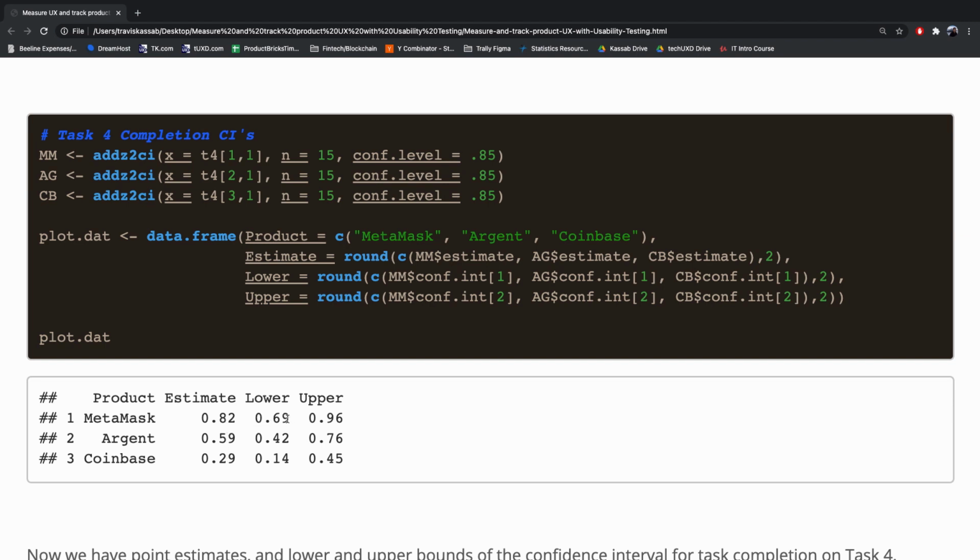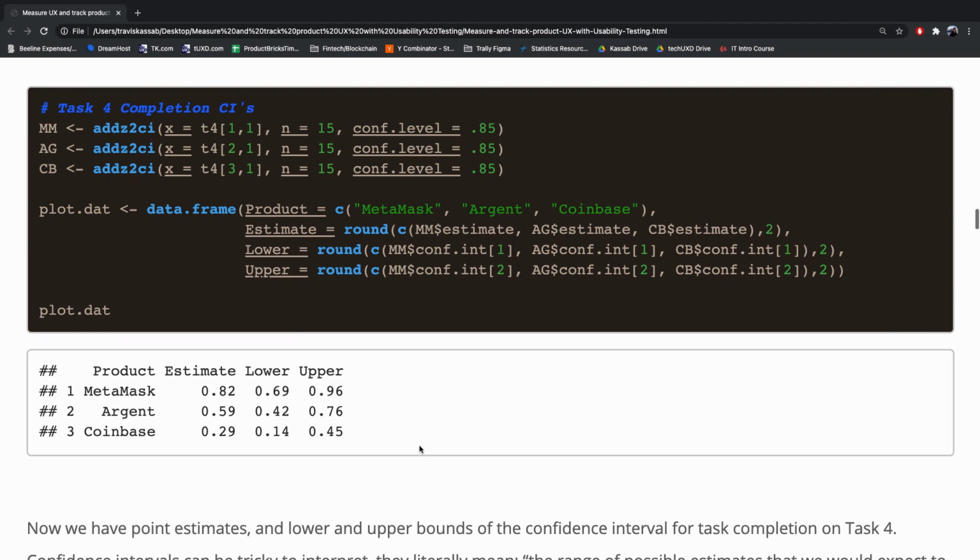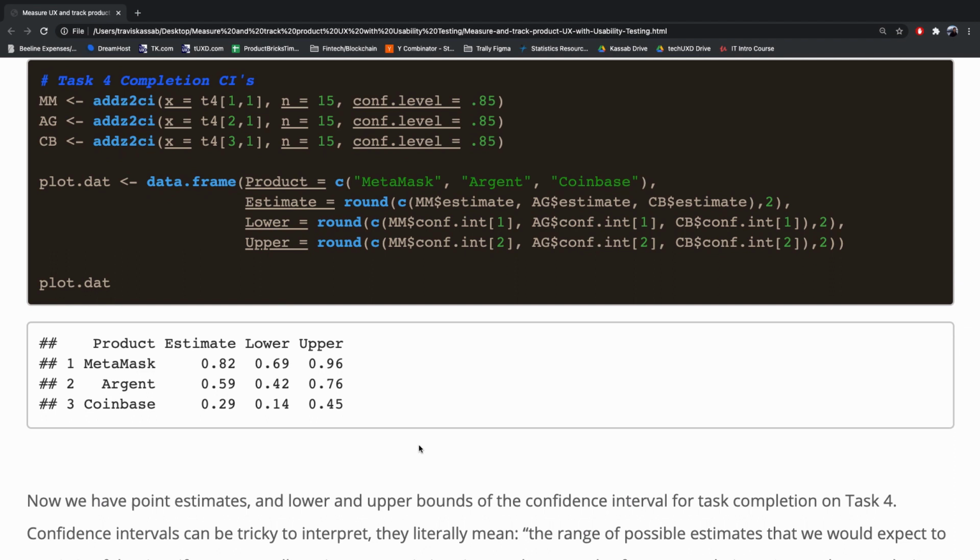And we can look at the confidence intervals here that we calculated using the Fisher exact test. And again, the confidence interval is telling us the precision of our sample measurements, or these point estimates here, in relating it back to the true population value. If we could survey or measure the completion rate for task 4 with all of the users, then we wouldn't need inferential statistics.